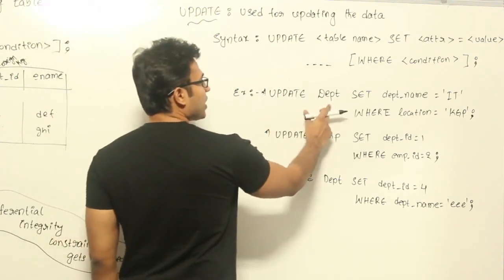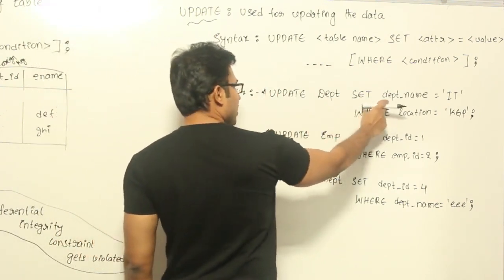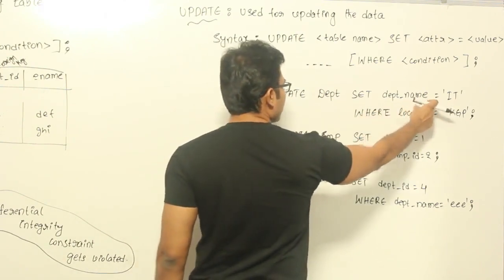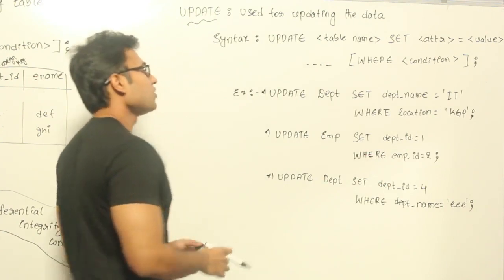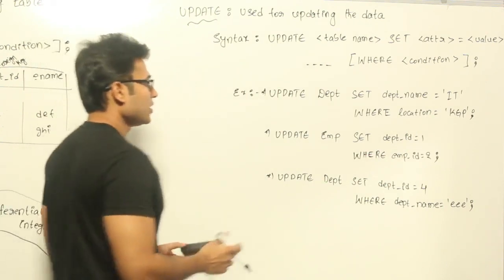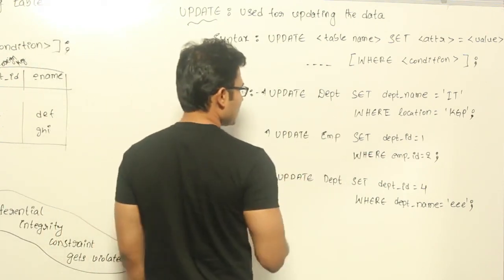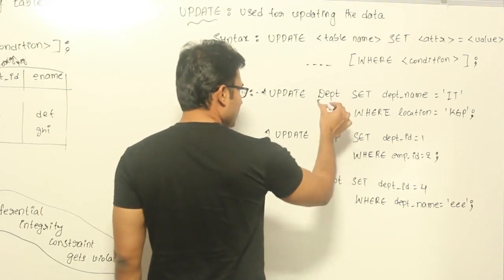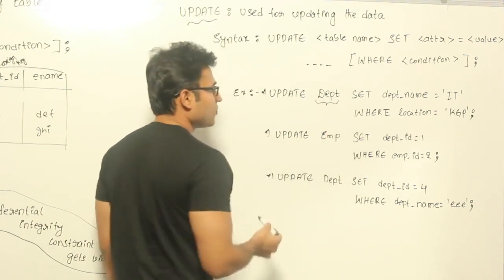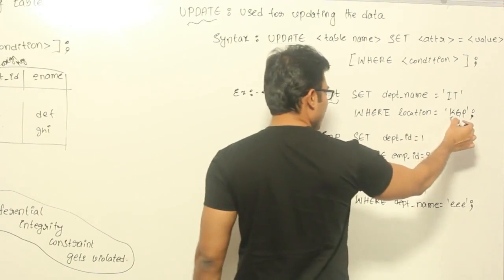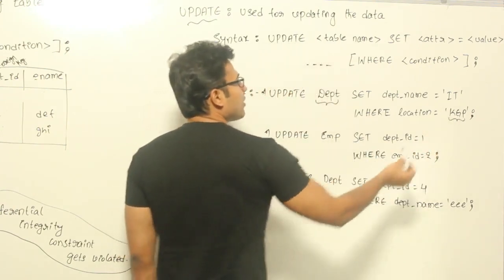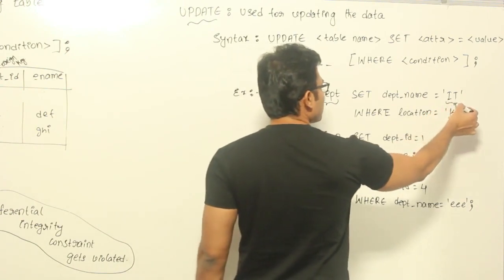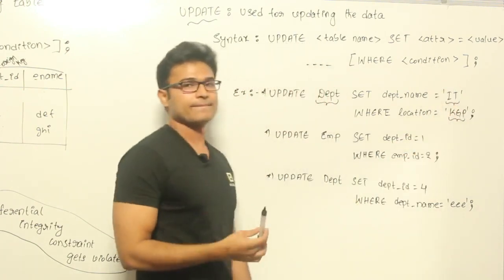Okay, let's see an example. Update department, set department name equal to IT, where location equal to KGP. What is the meaning of it? You go into the table which has the name department, and then you find the rows which have location as KGP, and in those rows wherever you see department name, you are going to change it to IT, right?